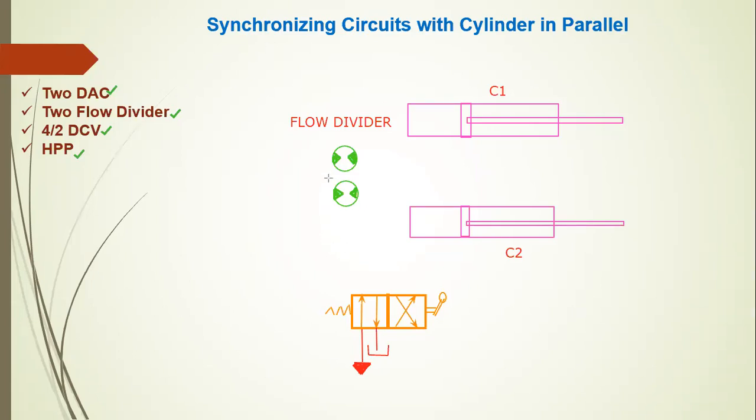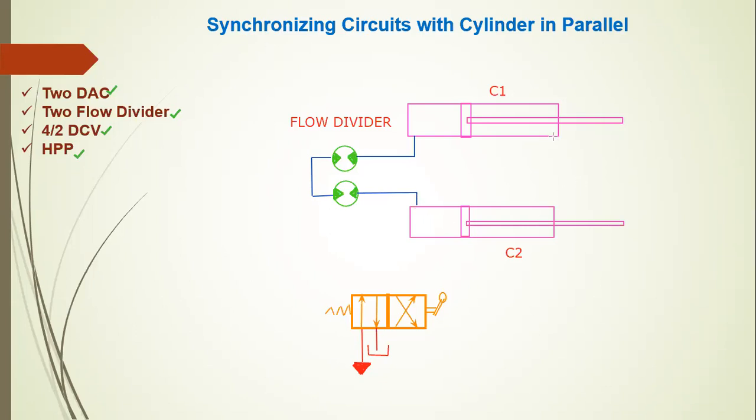First connect the two flow dividers in a single connection, and then give the first flow divider connection to cylinder 1 and the second flow divider connection to cylinder 2.